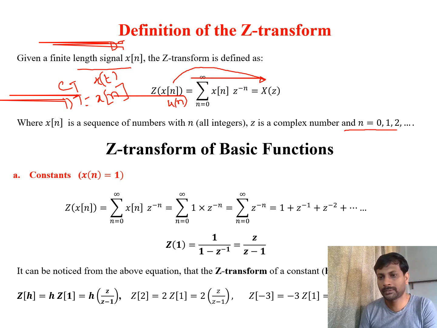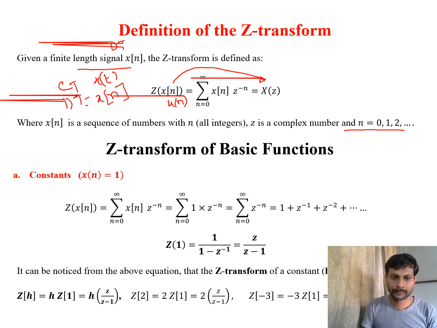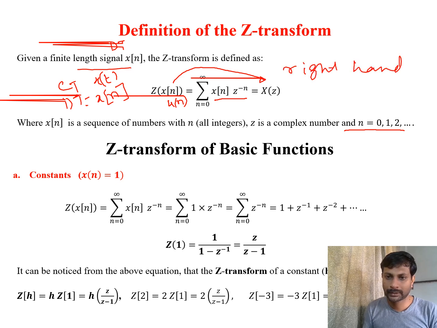So the Z transform equation is given by x(n) z to the power minus n, with summation n equal to 0 to infinity, wherein we have considered a right hand sequence. Obviously n starts from 0, 1, 2 and so on up to infinity.